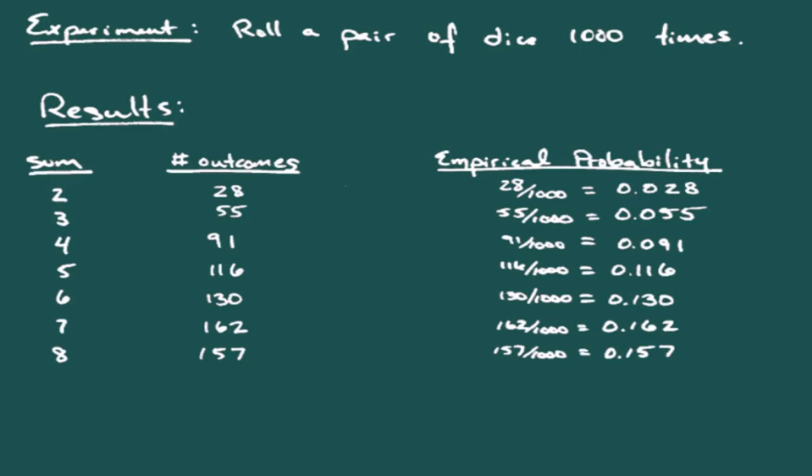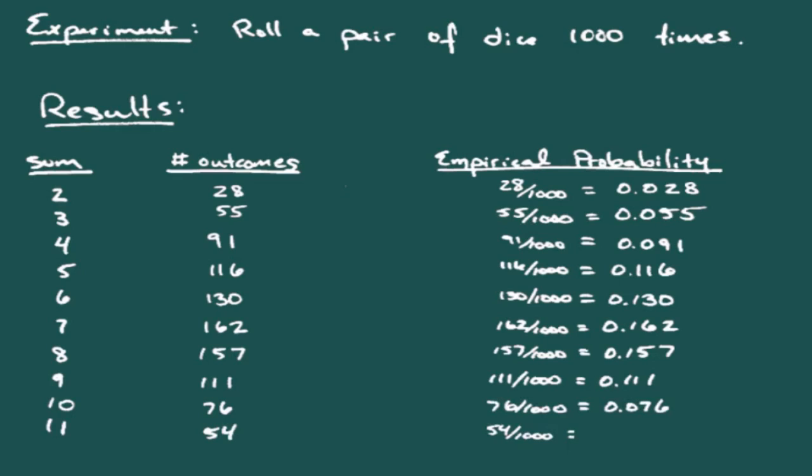So if we look at our empirical probabilities, so our probabilities from actually performing the experiment, that's going to be the number of times that we got a particular outcome divided by the number of times that we actually performed the experiment. So our empirical probability of getting a 2 would be 28 divided by 1,000, or 0.028.